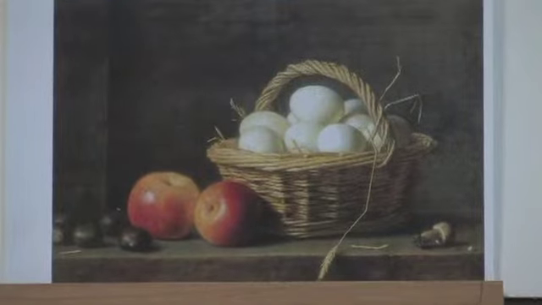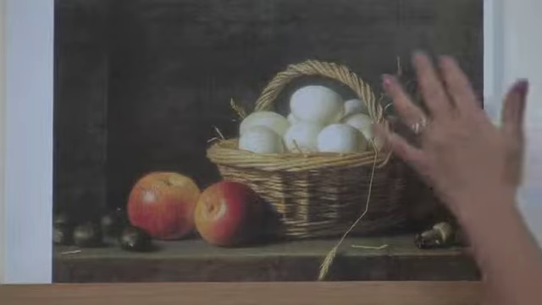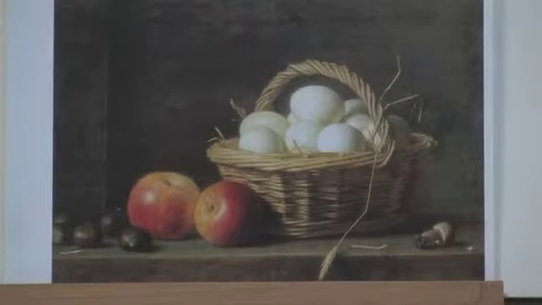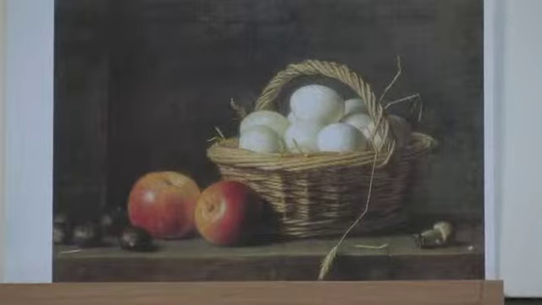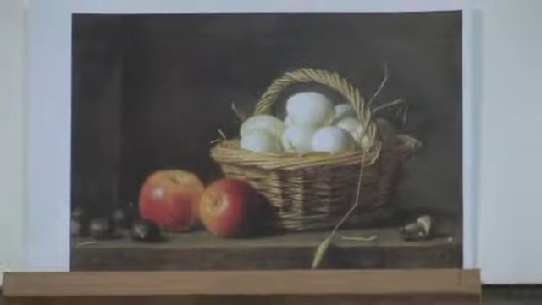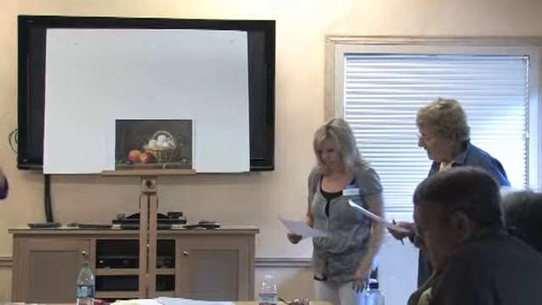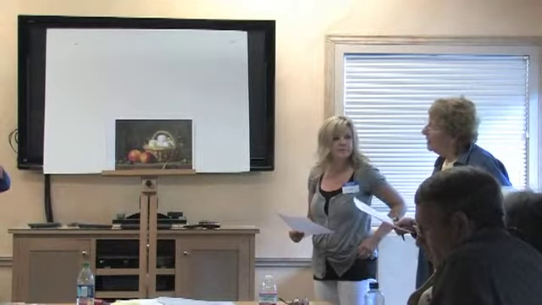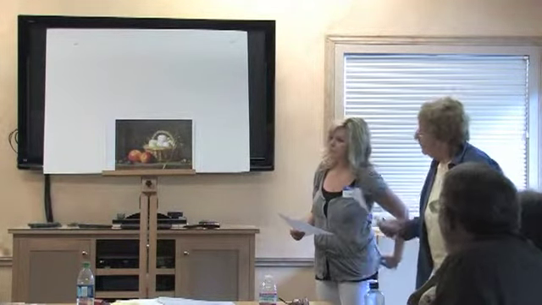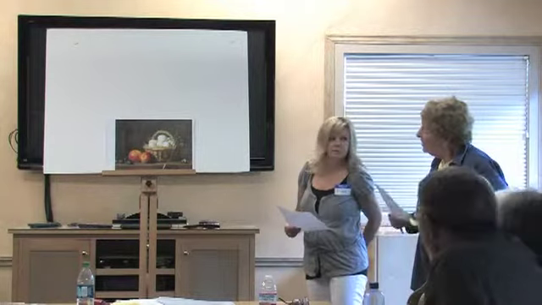Definitely the texture with the basket, and right now I'm painting in my house, so I always want to touch walls. So to me, I want to touch this because it just seems to have texture to me, and form. Go ahead. The subject matter is still life and very realistic. The emotional response, I had both pleasure and a calming feeling because of the naturalness of the subject matter.